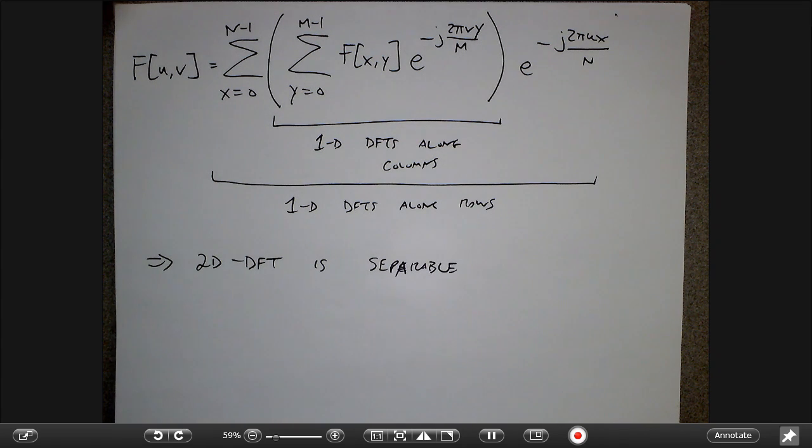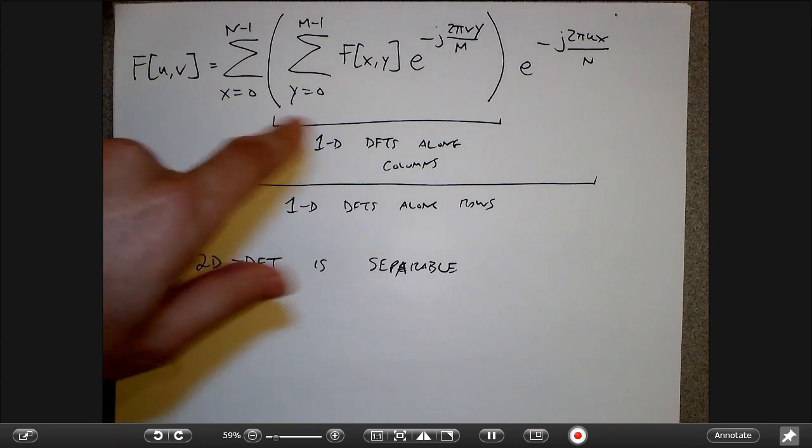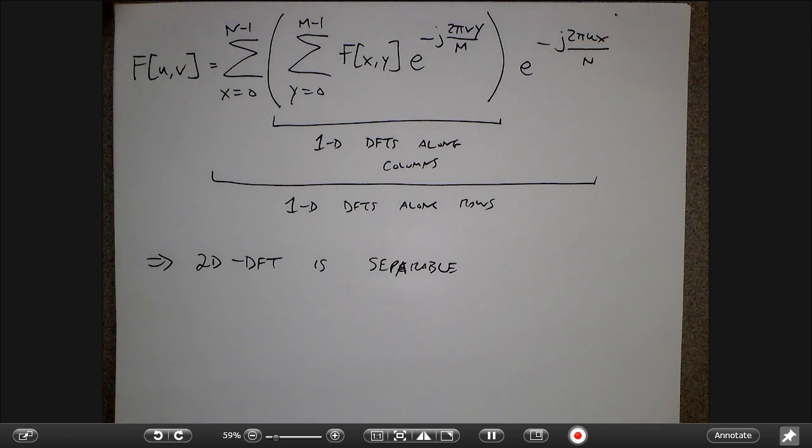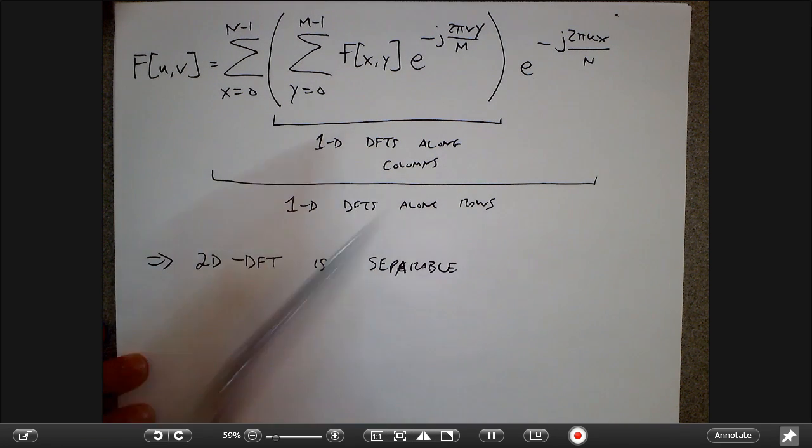And actually, for those of you that took my DSP class, you remember that we came up with something very similar to this when we were talking about efficient ways of doing the DFT, right? If we wanted to do the Cooley-Tukey or the Good-Thomas DFT, we'd rearrange the one-dimensional signal into this kind of array, and we do DFTs along the rows, DFTs along the columns. So it's related to that, okay?